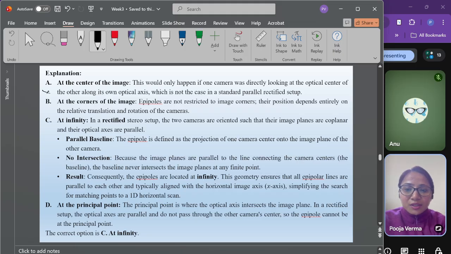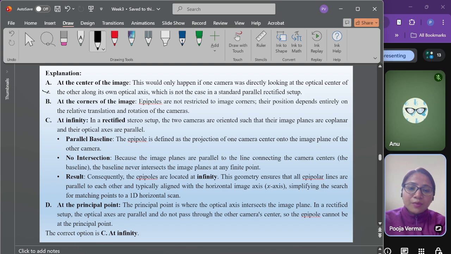And now the next option is at infinity. So in a rectified stereo setup, the two cameras are oriented such that their image planes are coplanar and their optical axes are parallel to each other. So basically a parallel baseline.